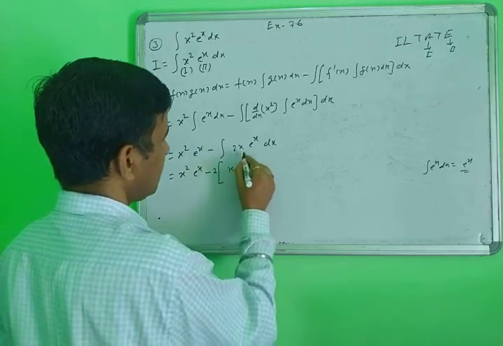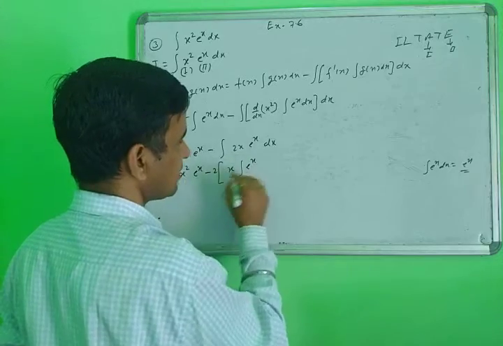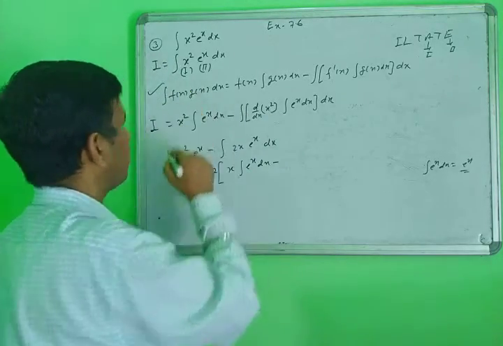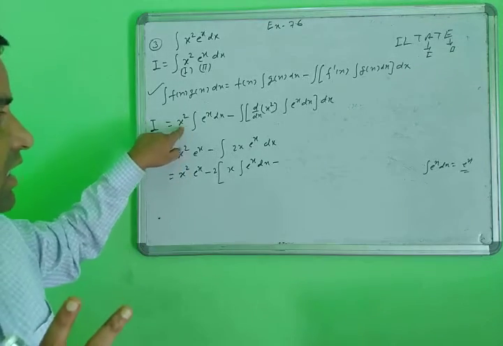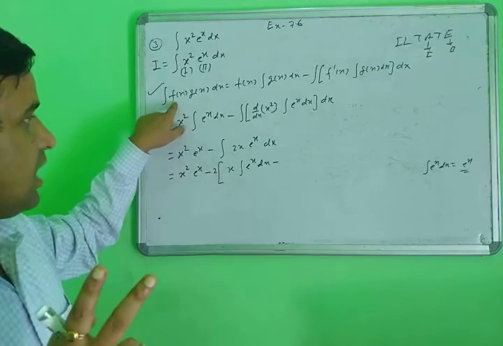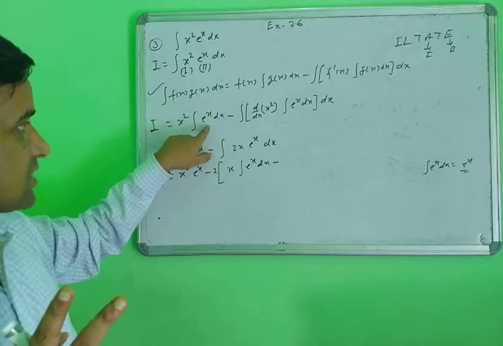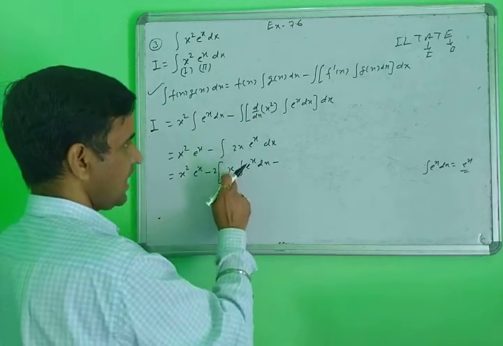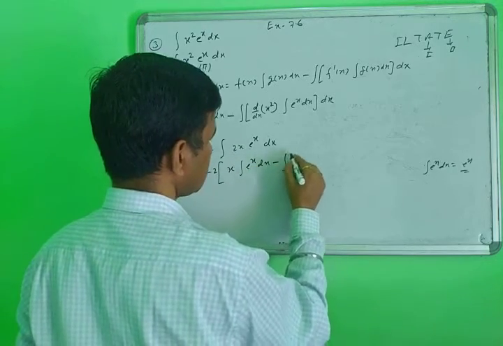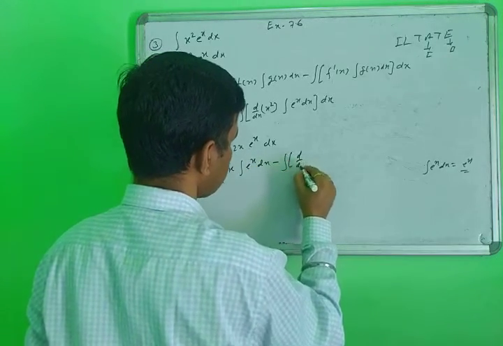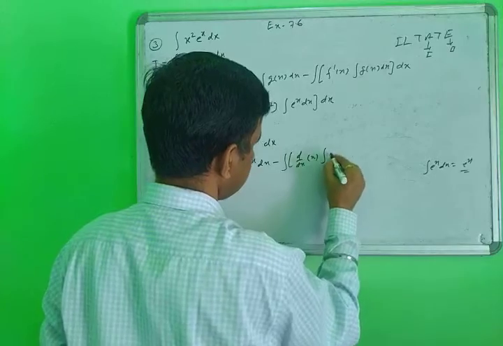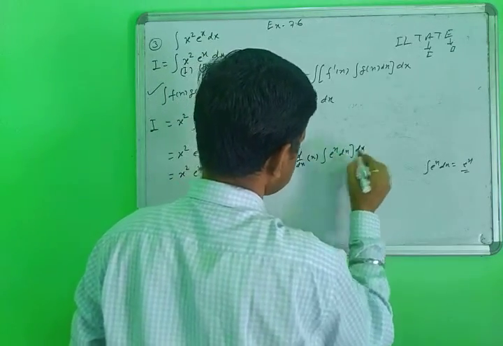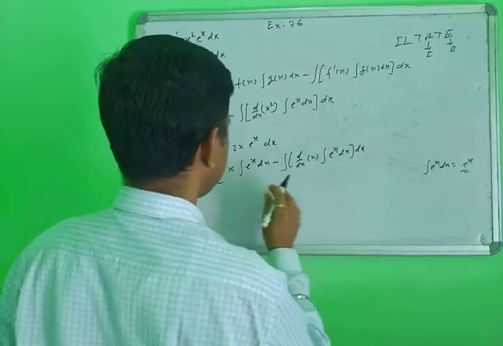Again you apply the first function and second function rule: first function times integration of the second function, minus the differentiation of the first times the integration of the second. This rule is applied two times, first time here and second time here. So x e exponent x minus the integration of d over dx of x, which is 1, times e exponent x, dx. This bracket will be closed.